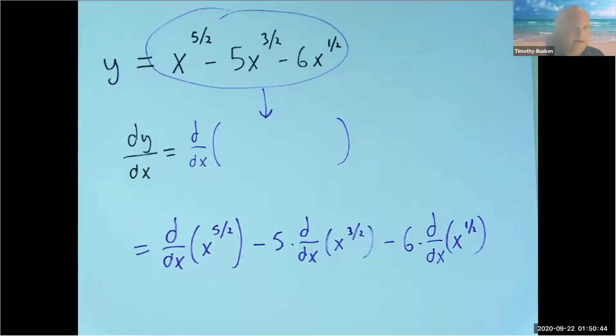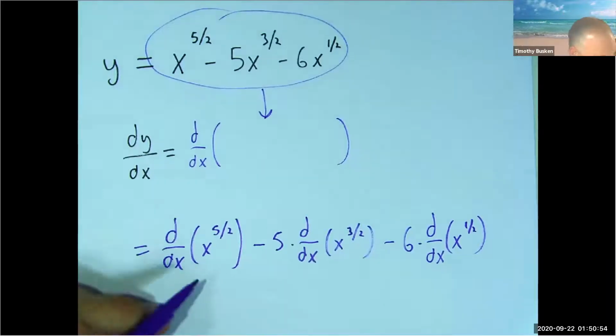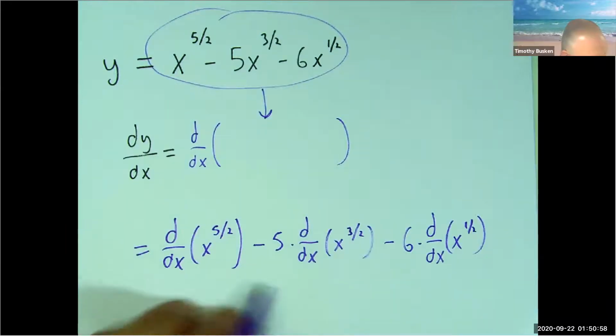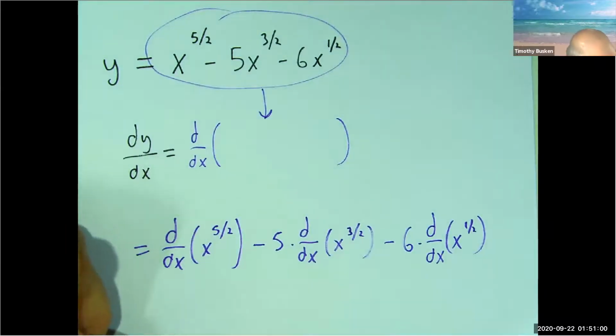So I'm using the derivative properties. It turns out on this one, no, I'm not going to use the quotient rule. I'm going to rewrite the function, and then take the derivative using the constant multiple rule and the power rule for derivatives. So let's go ahead and do that. Also, I use the difference rule for derivatives.